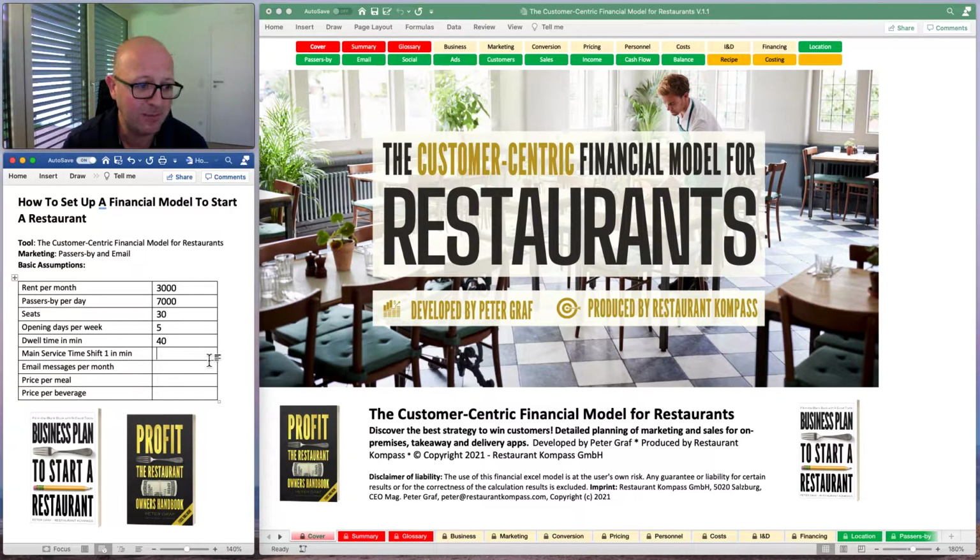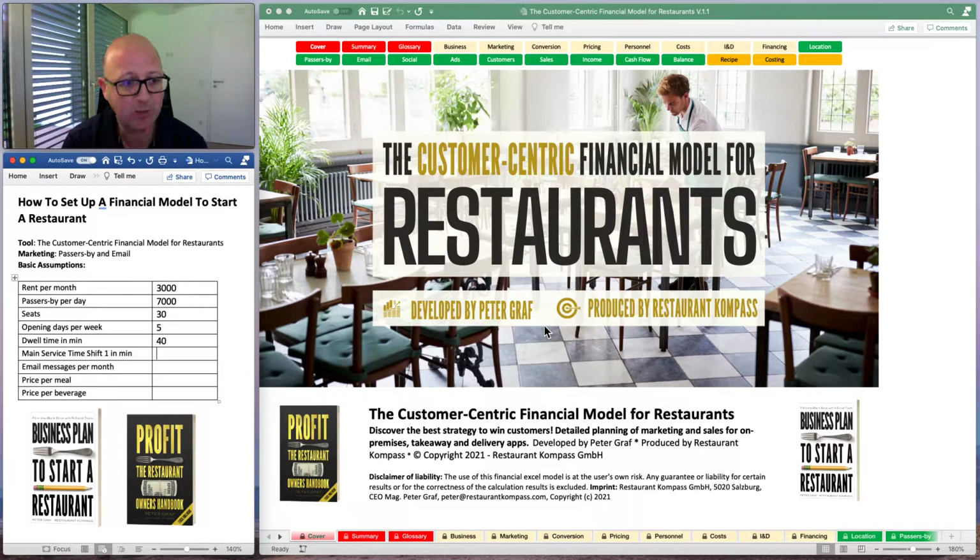So you should define shift one. Why shift one? Because in this tool, the customer-centric financial model, you can also calculate and plan a second shift. If you have a location with high passerby frequency, you probably want to use the whole sales potential, and therefore you will probably need a second shift.